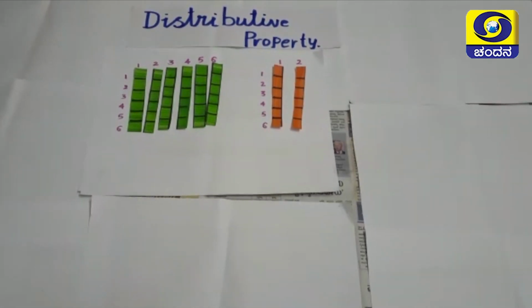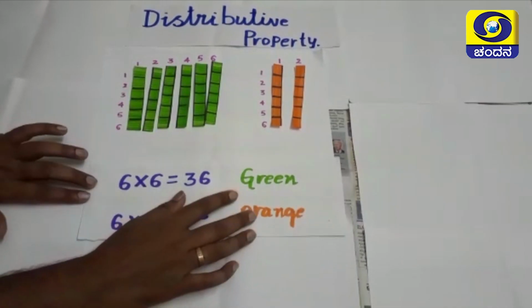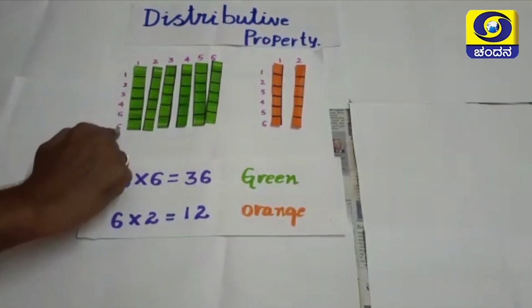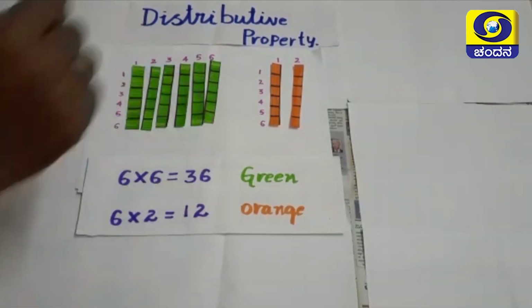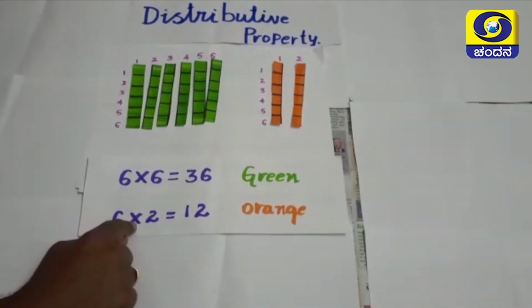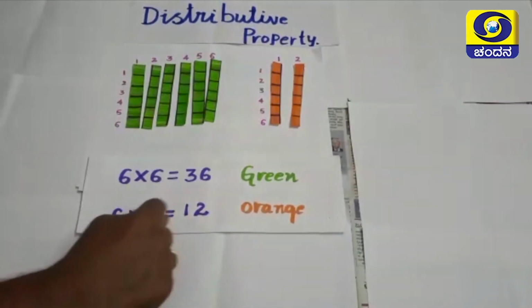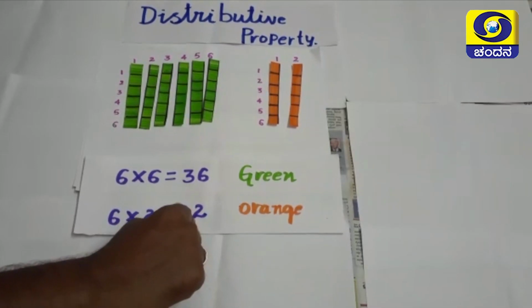I can say like this, 6 rows into 6 columns is equal to 36 grids for green color. 6 rows into 2 columns, that is equal to 12 grids for orange color.